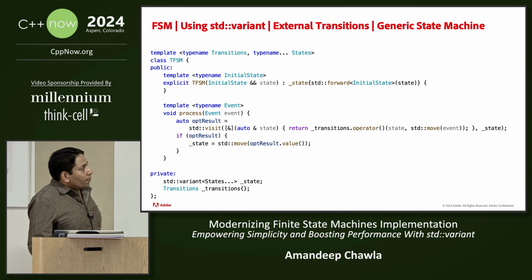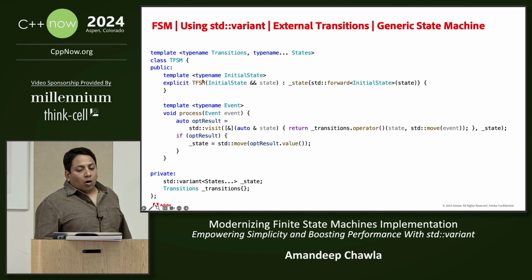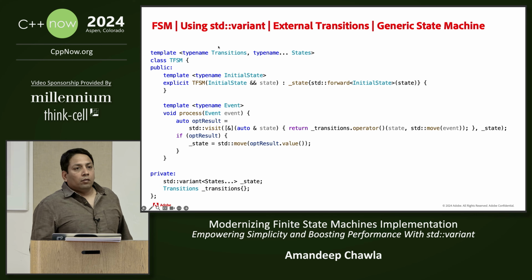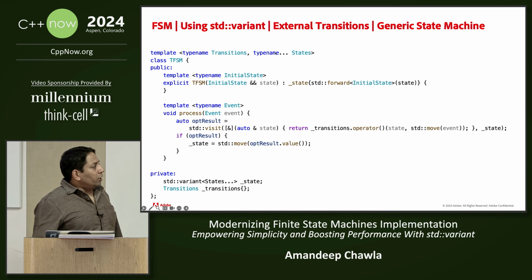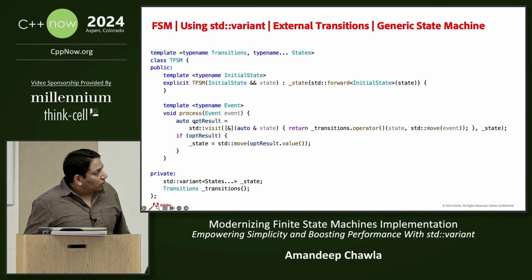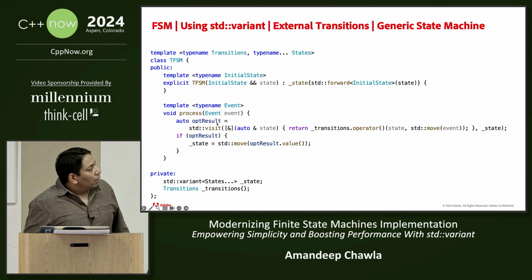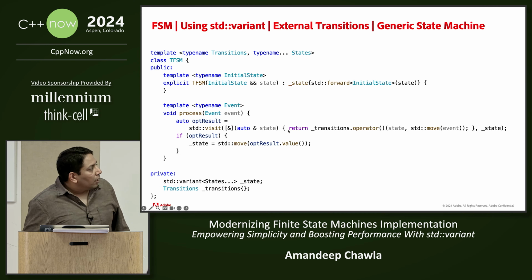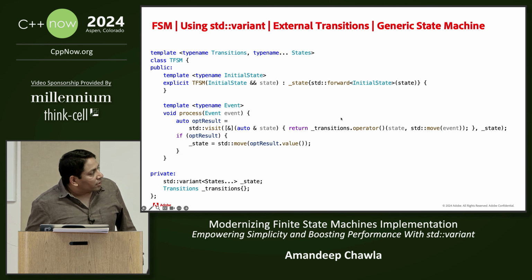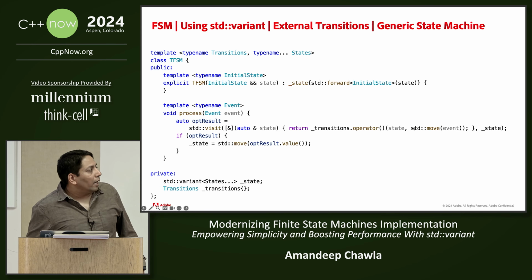And how can we use that? So now we also templatize on transitions. The first parameter, when we are templatizing this class, is transitions. And the rest are states, that is, what all states are there. The change in the process function is that, using the visitor pattern, we get the state, but rather than calling state.process, we call the call operator on the transitions with the state and the event.